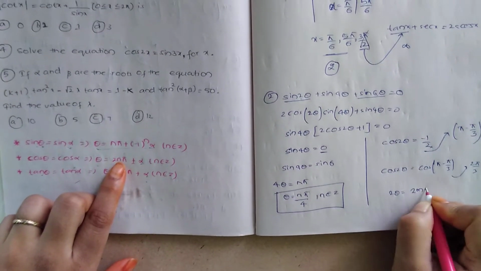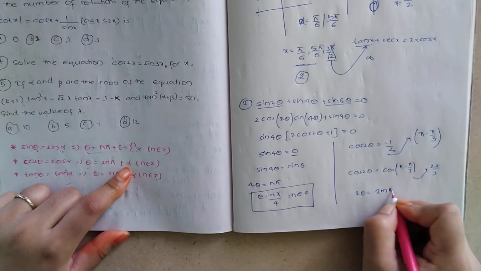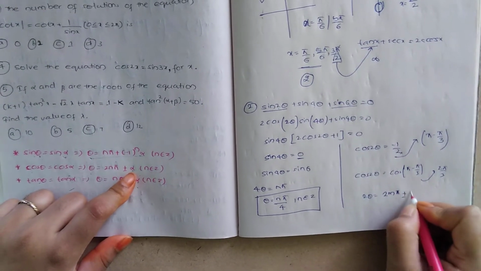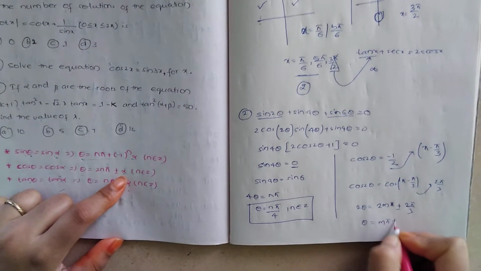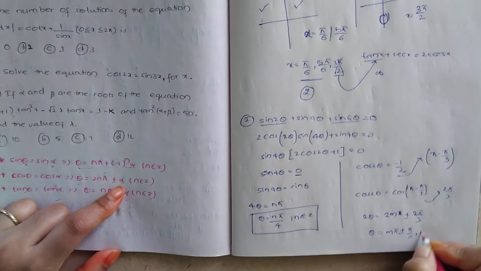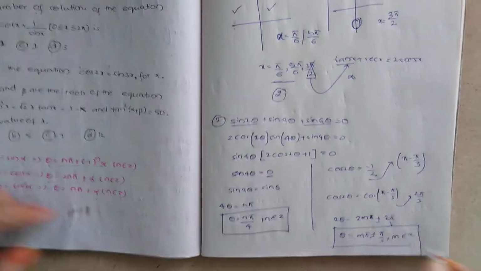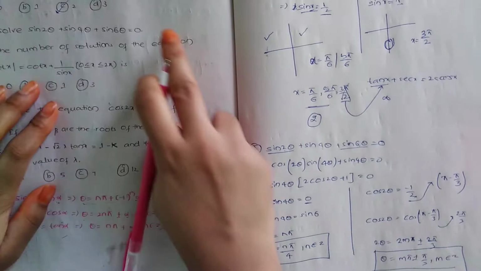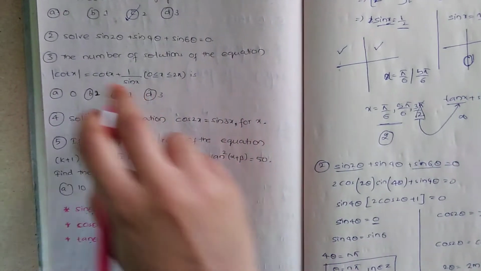Let's take m because here we took n, right? Let's take m pi plus or minus 2 pi by 3. Theta is equal to m pi plus or minus pi by 3. M belongs to integers. Okay, got it? Well, that is a solution. Theta values are those.